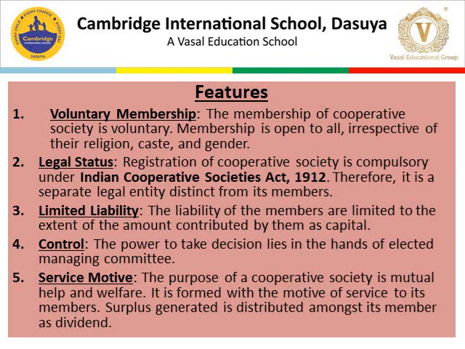Now, whenever the cooperative society dissolves, the liability of all the members is restricted up to the amount invested by them in the business. It means they are not going to sell their personal assets to pay off the liability of the cooperative society.